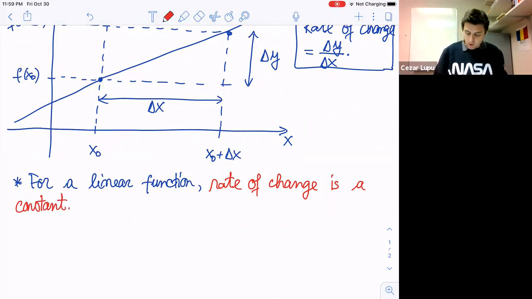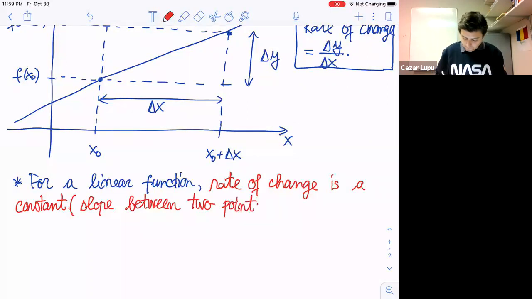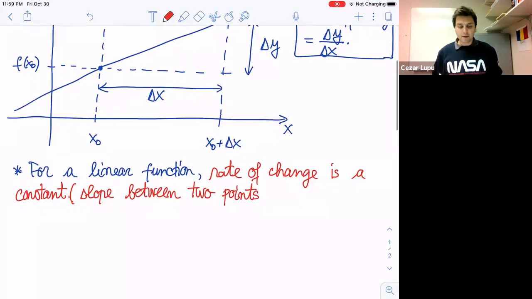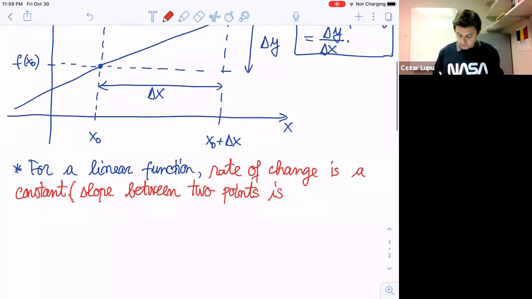So basically we can say that the slope between 2 points is the same everywhere on the graph.